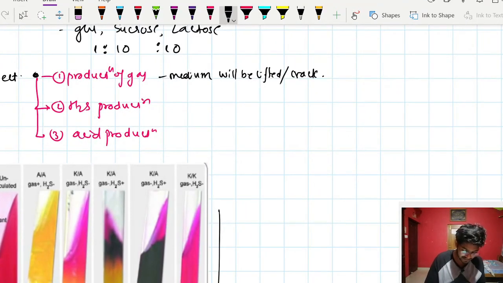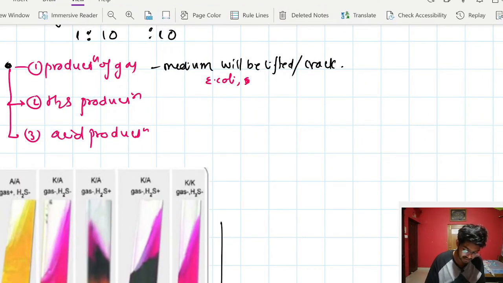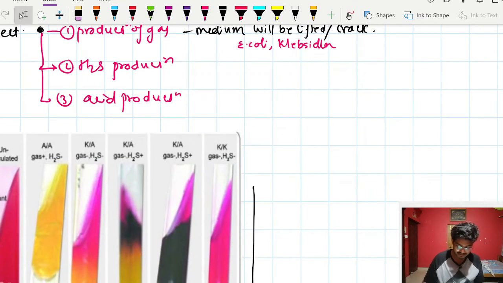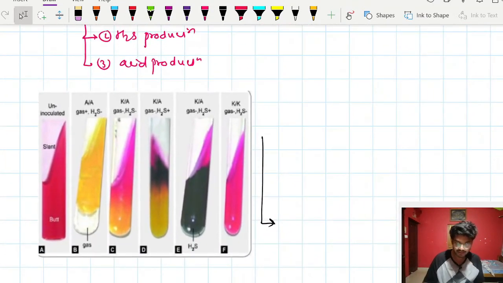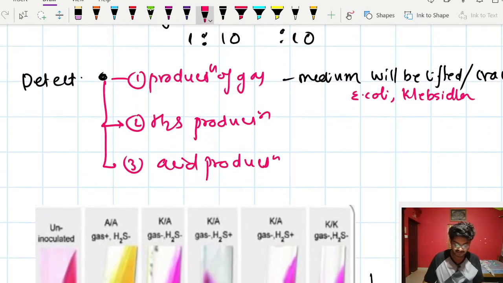Our examples are Escherichia coli and Klebsiella. When we culture them in a triple sugar iron test, there will be lifting of the media or a crack in the media due to production of gas. That is the first detection.